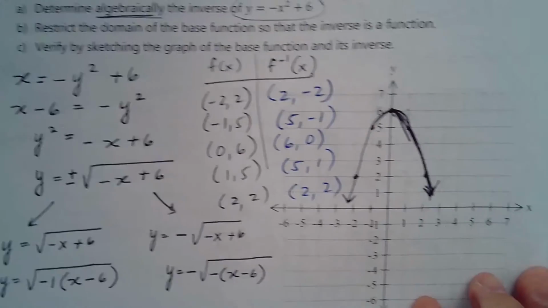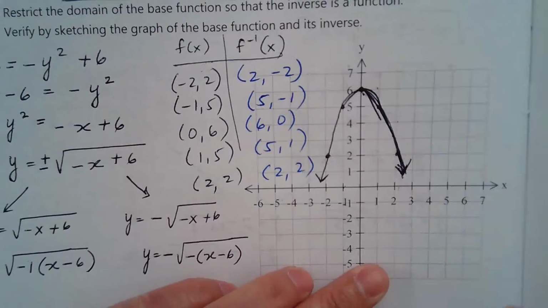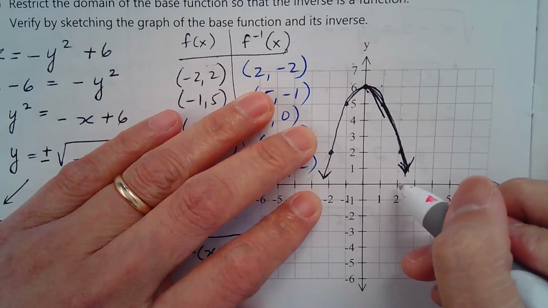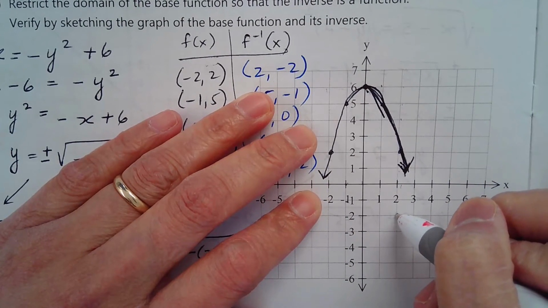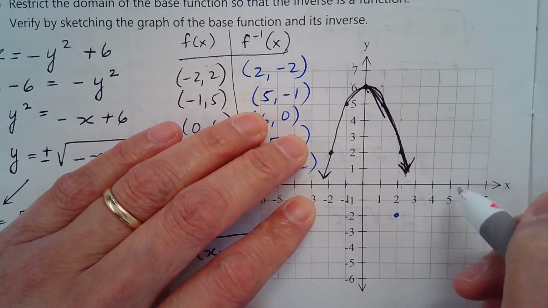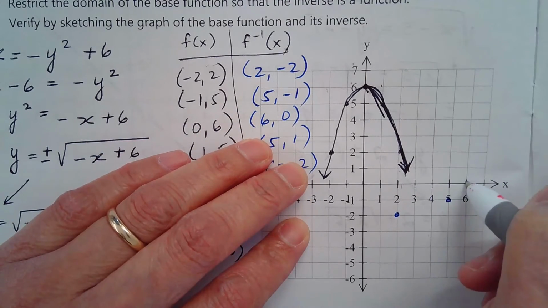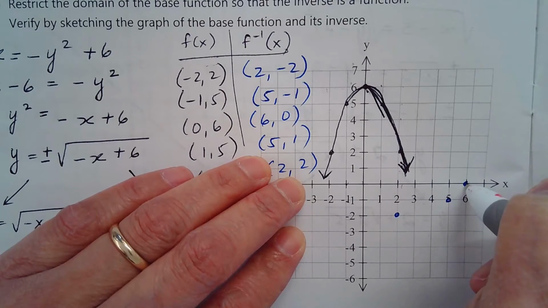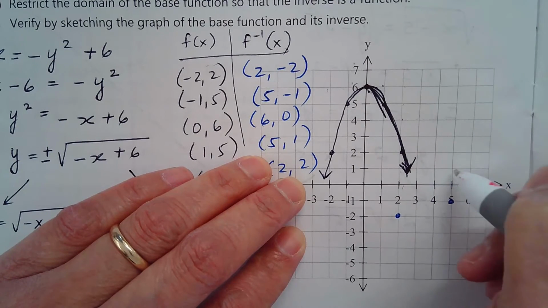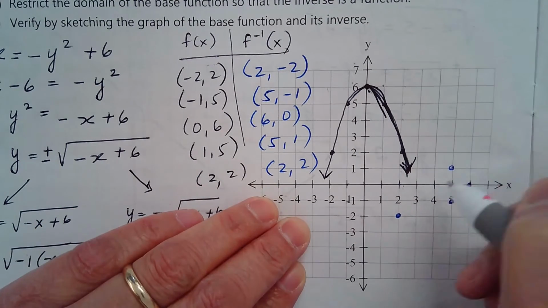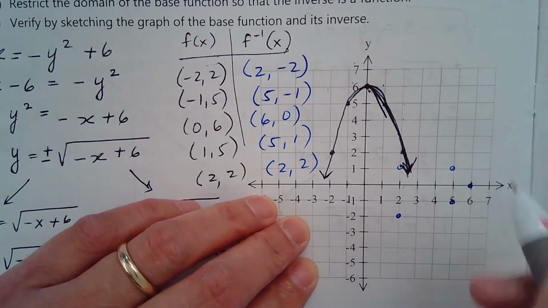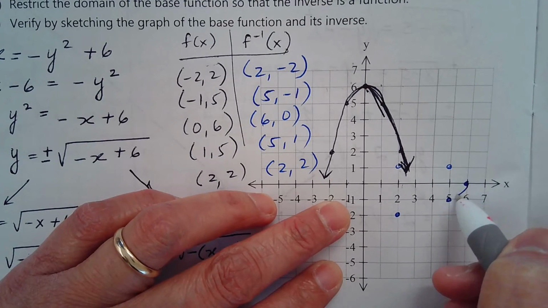Now let's graph this thing. So 2, -2, 5, -1, 6, 0, 5, 1, and then 2, 2. So it goes like this.